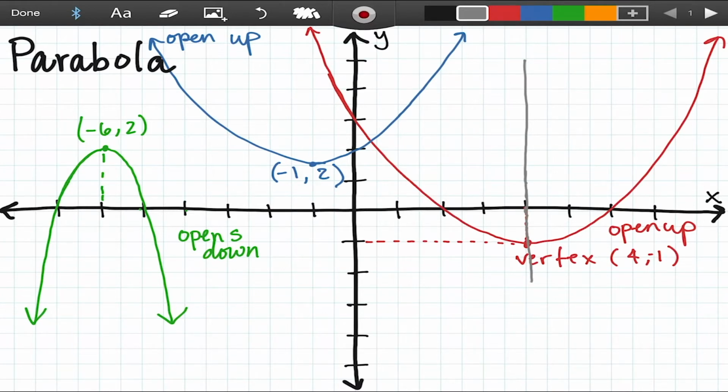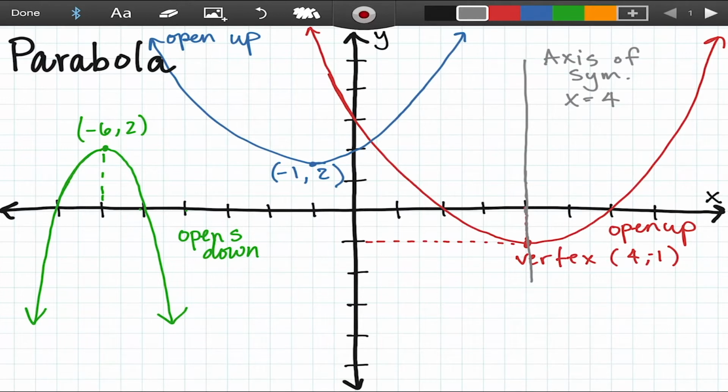That's the axis of symmetry, AOS from now on, because I'm not going to write it out every single time. It's at x is equal to 4. It's a line, so it's not going to be a point. It's a vertical line, which means it's going to be x equals something.